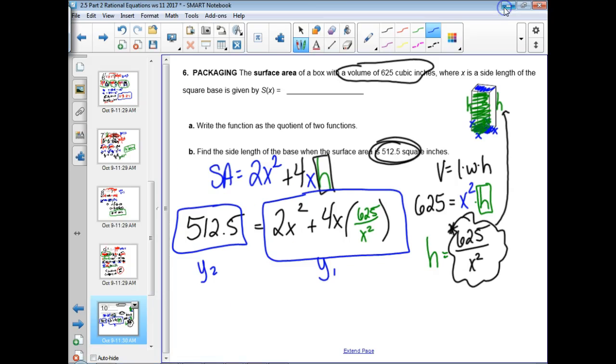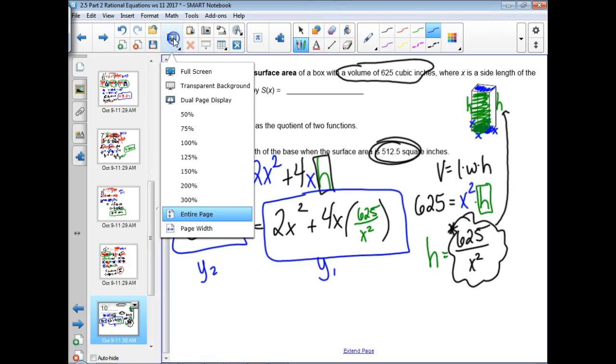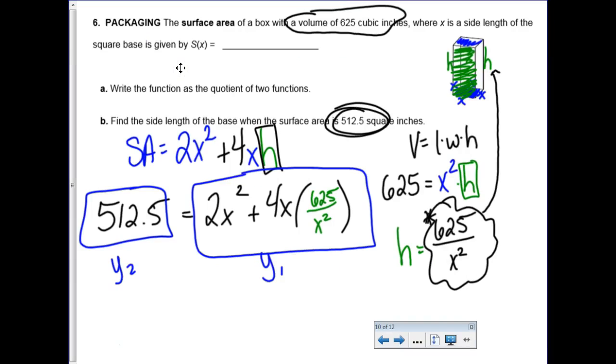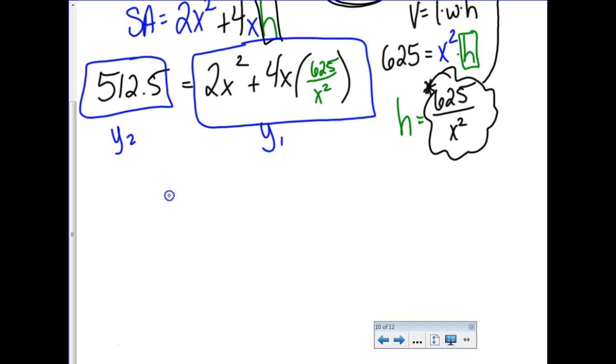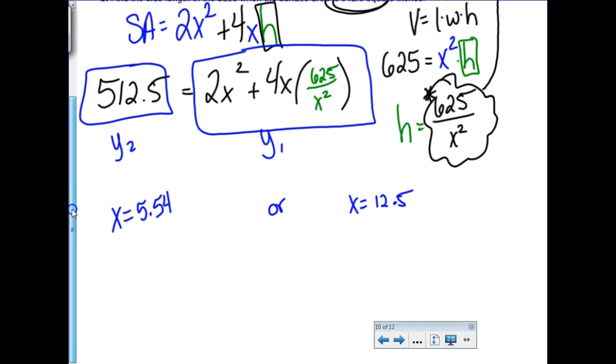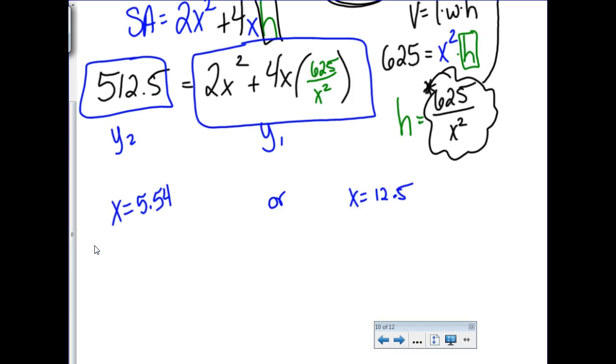So this is where the manufacturer is going to have to make a decision, basically. I already forgot what 5.54 was. One of them was 5.54, and then 12.5 was the other one. So this box, if we use 5.54 as the bottom dimension, this box is 5.54 by 5.54 by, no, you're going to have to plug that in for me.